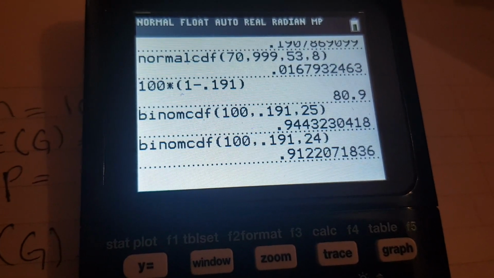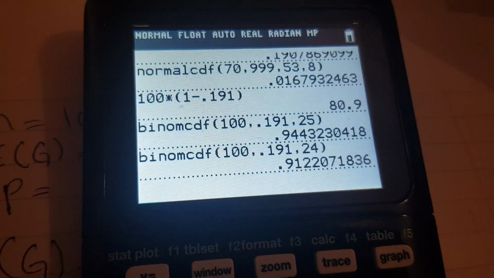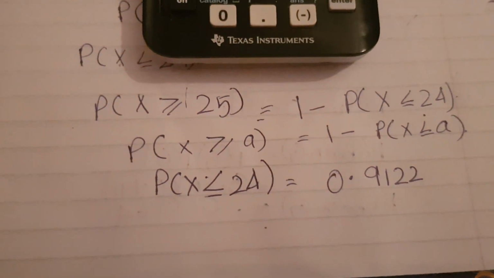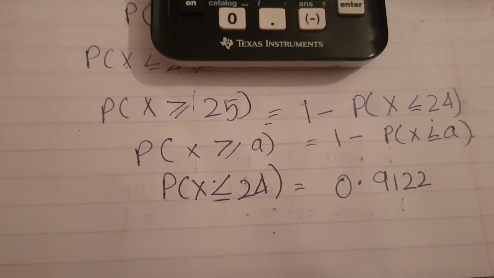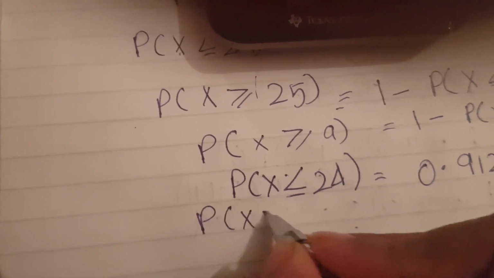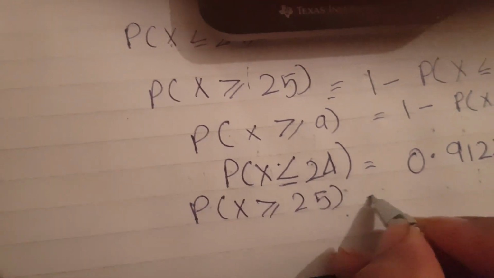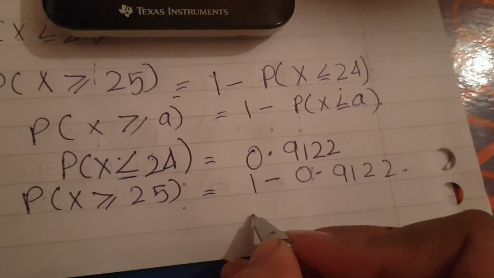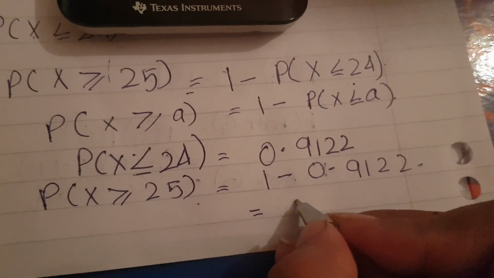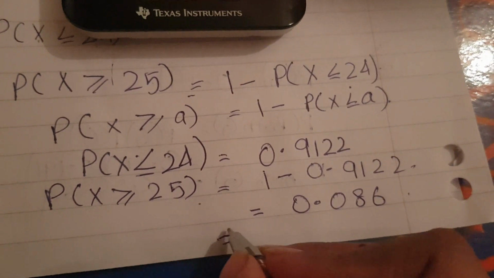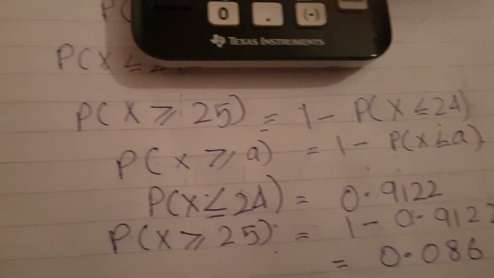Probability of x less than or equal to 24 is equal to 0.9122. Now I can calculate the probability of x greater than or equal to 25, which is 1 minus 0.9122, which is equal to 0.086. That finishes our question.